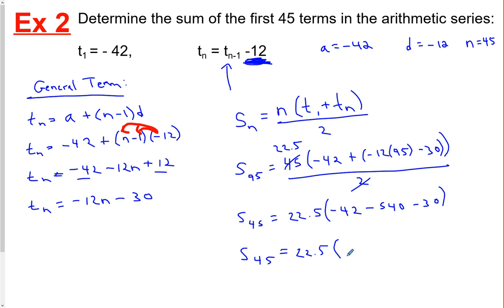Let's put all that stuff in my brackets together. Looks like I end up with negative 612. Final step. I'm going to get 13,770 when you add all those numbers up.